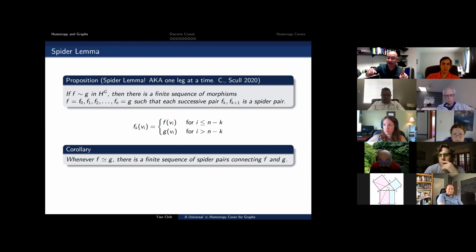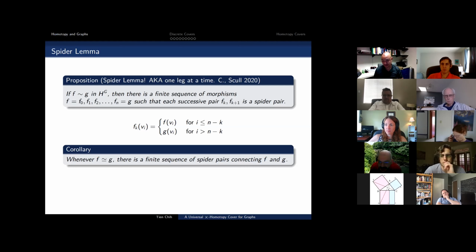And when we were writing this up, we called these spider moves. And the image we had was that G was sitting like a spider on top of H. And every time it moved a vertex, it was like moving a leg. So it was a spider tromping across H is the image that we had.